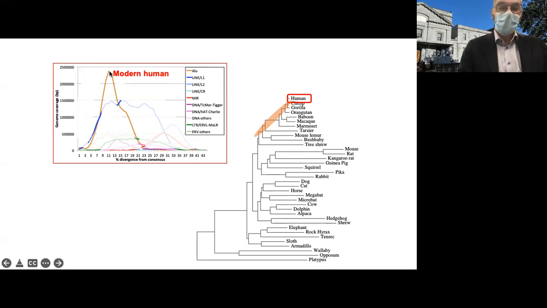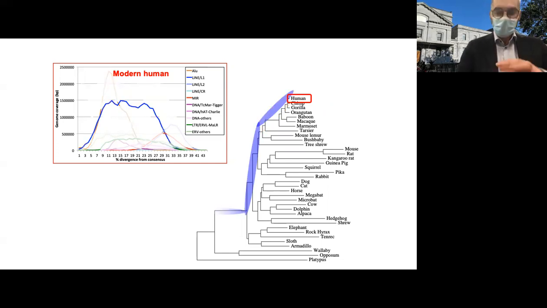Along the x-axis of this graph we have the level of divergence of those copies. Those copies are not very divergent. They have a low level of divergence because they got inserted in the genome recently. They have not had a lot of time to accumulate mutations.